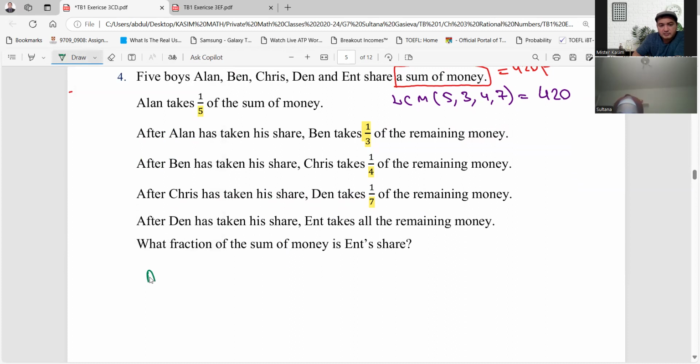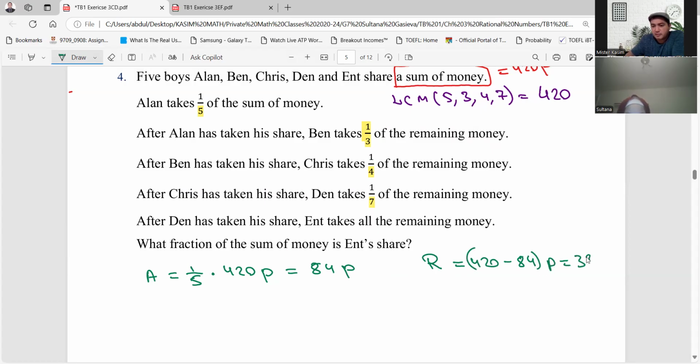Alan got how much? 1/5 of the sum of money, 420p, which is equal to 84p, right? So remaining is equal to 420p minus 84p, which is equal to 336p, right?